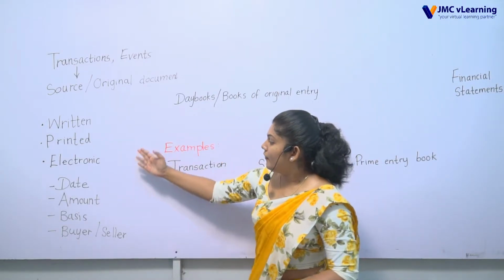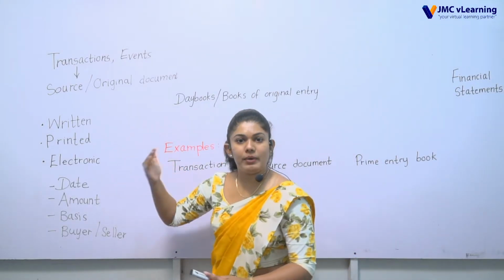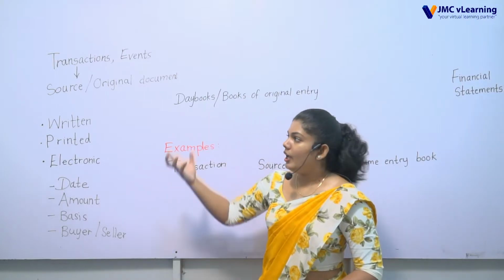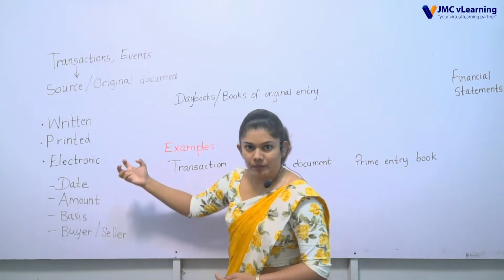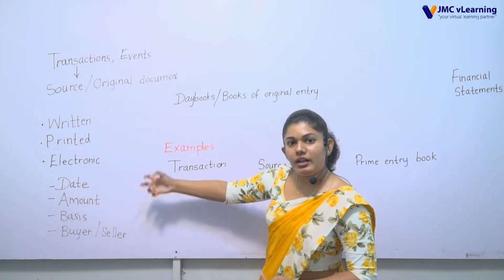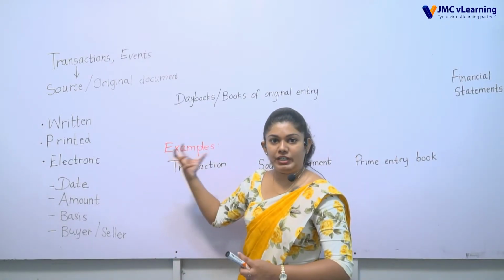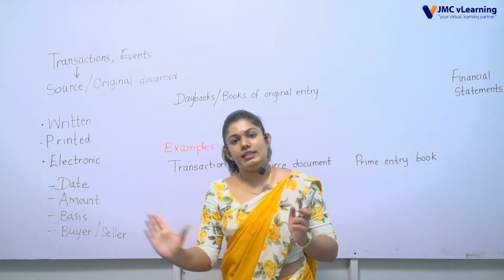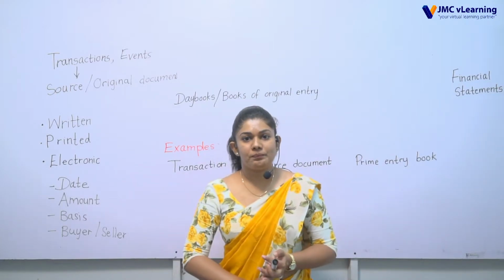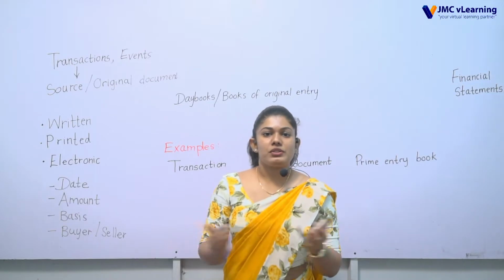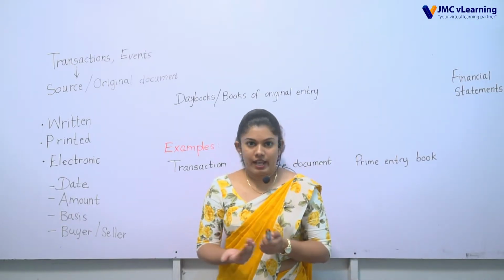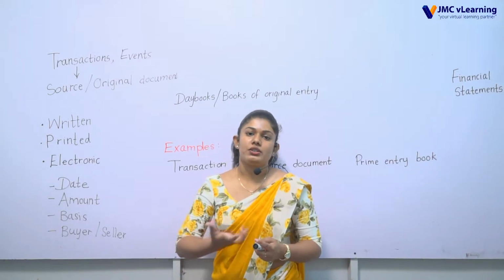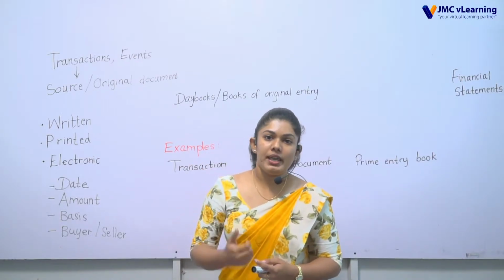So after this source document is generated, we extract this information from this source document to another place. Now we can't paste all the receipts and vouchers in our books. We are doing thousands of transactions sometimes in a business. If you are a large scale business, there are hundreds or thousands of transactions per day.